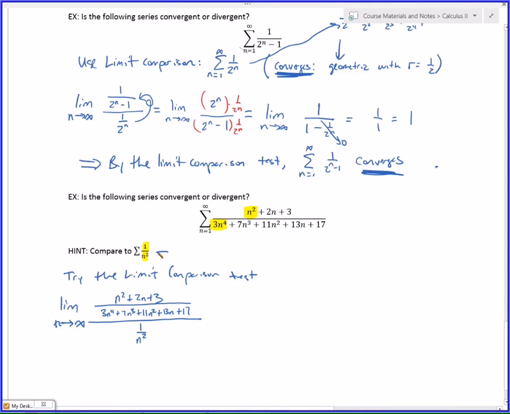By the way, does this converge or diverge? What's your reasoning? P-test. Because it's n to the p, and p is bigger than 1, it converges.